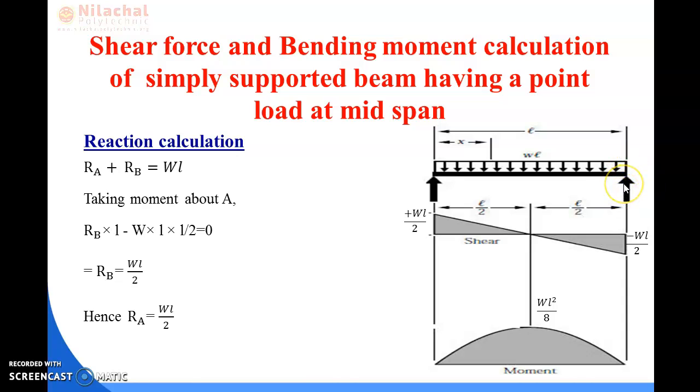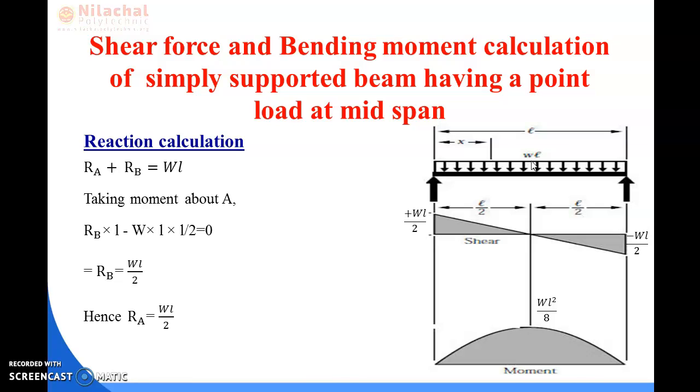So these are two upward forces and the UDL is acting all over the span in downward direction. So we can say RA plus RB is equal to UDL load. So here the UDL will be W per unit length.